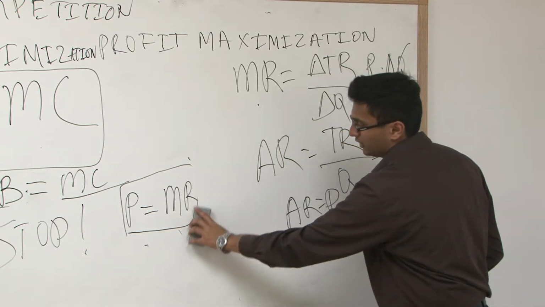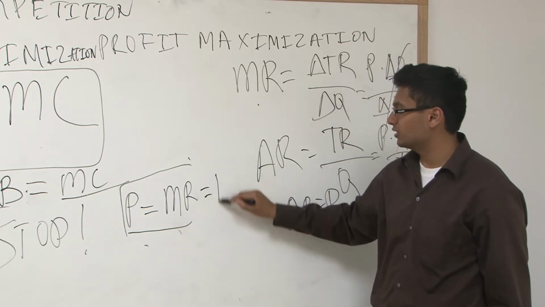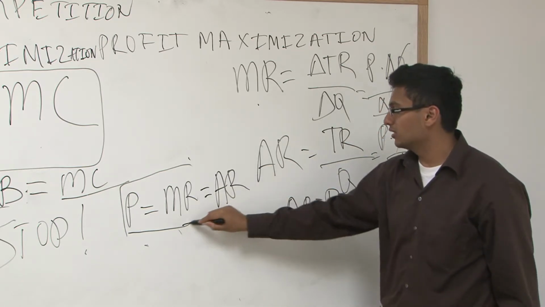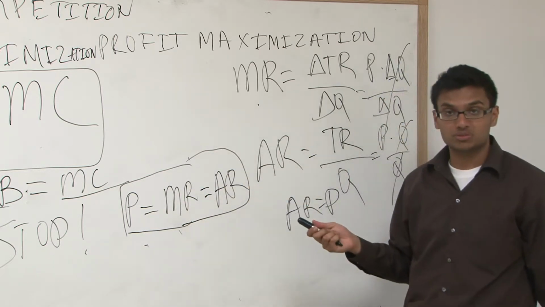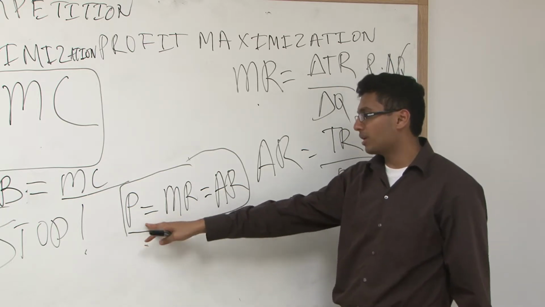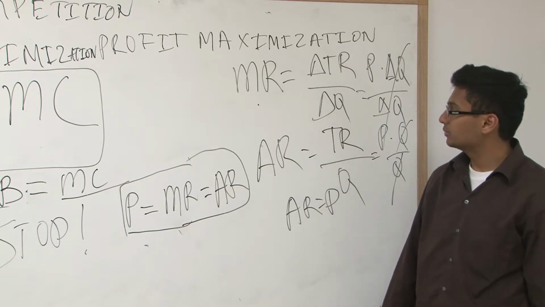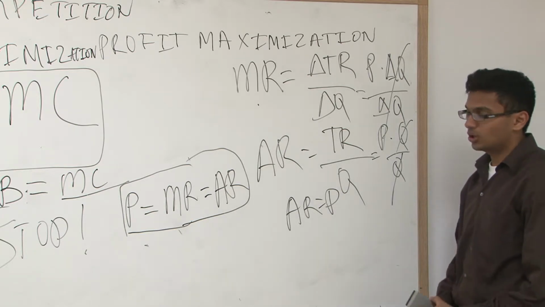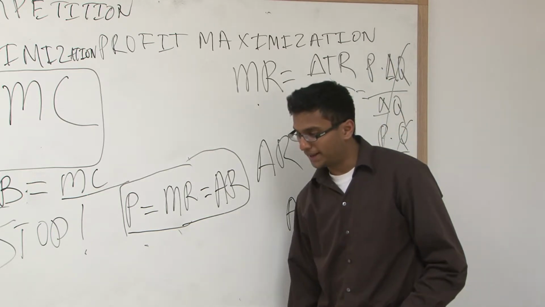So in a perfectly competitive market, price is equal to marginal revenue, but it's also equivalent to average revenue. Now we have two rules. We had MR equals MC at profit maximization. And in a perfectly competitive market, price equals marginal revenue, which equals average revenue. Pretty cool.